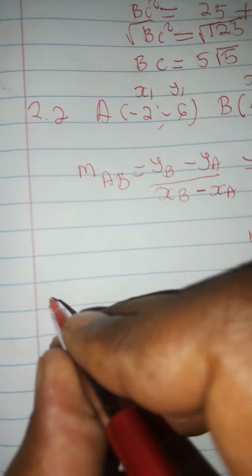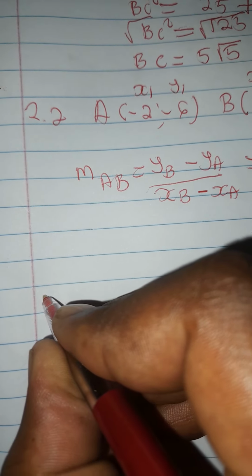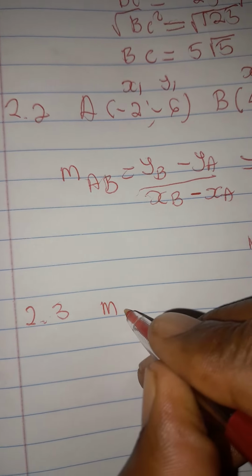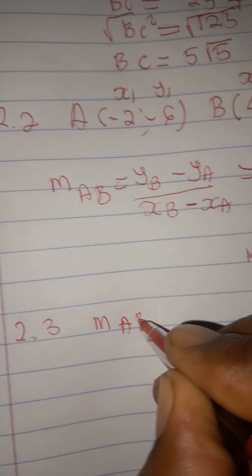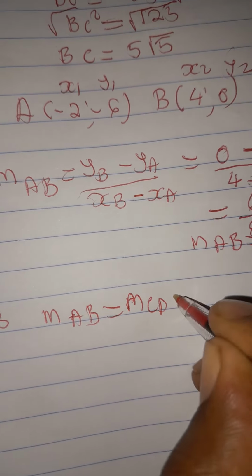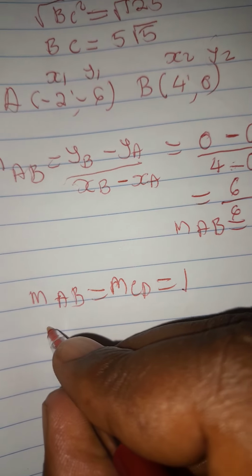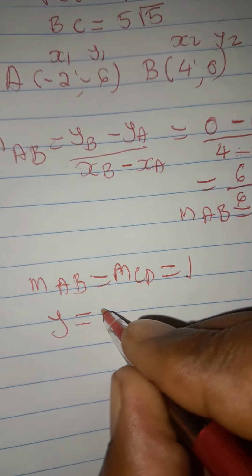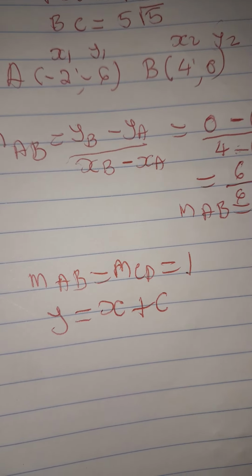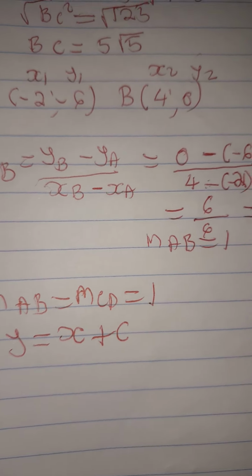So at 2.3, the gradient of AB is equal to the gradient of CD, which will be 1. Therefore, already we have the gradient, which is y equals x plus c. Remember, this is a standard equation, so we can use it.